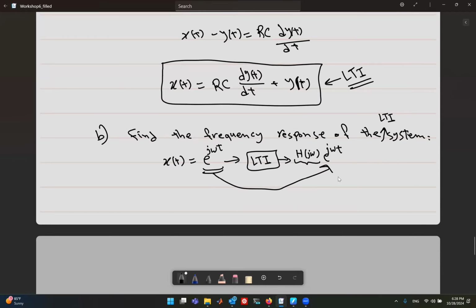This is actually y of t. We can now use this differential equation. We plug in x of t equals exponential j omega t, and y of t equals this, and we solve for H of j omega, and then we easily get the frequency response.